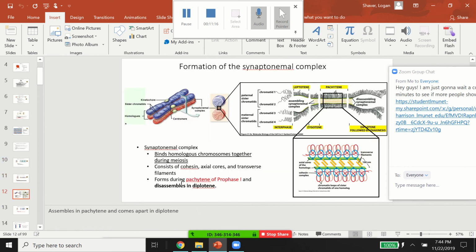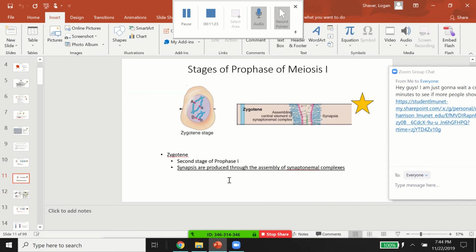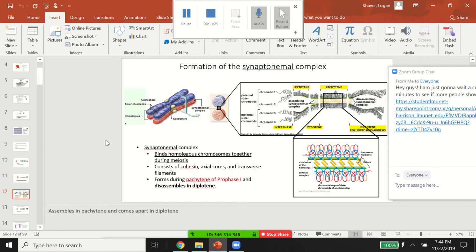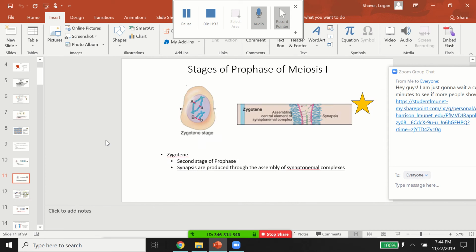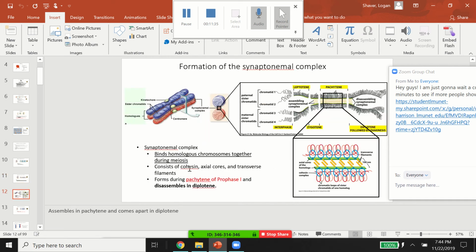Now it does say here that it also forms during pachytene, which is your next one. You notice that he says synapses are produced through assembly of synaptonemal complexes. I wouldn't think he would ask specifically which phase that would be in because he said that on this last slide. But if he did, I would probably say pachytene just to be sure. So that's probably what I put in red back in the day.